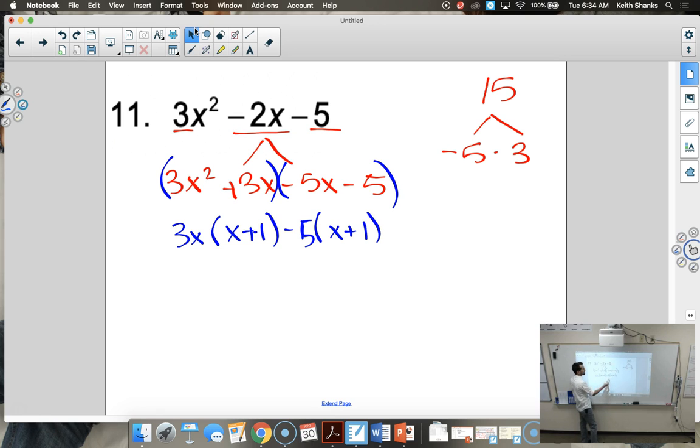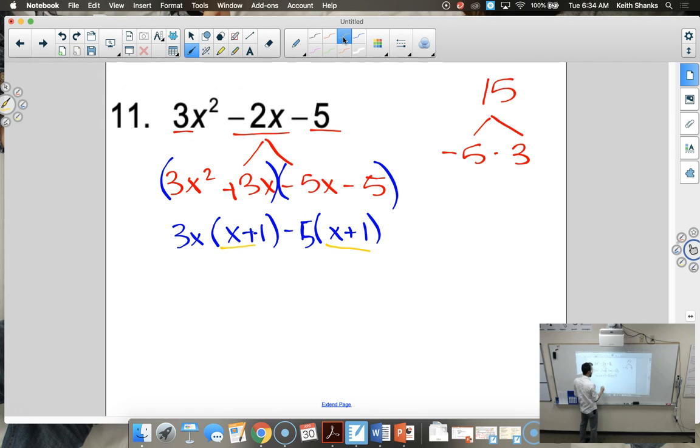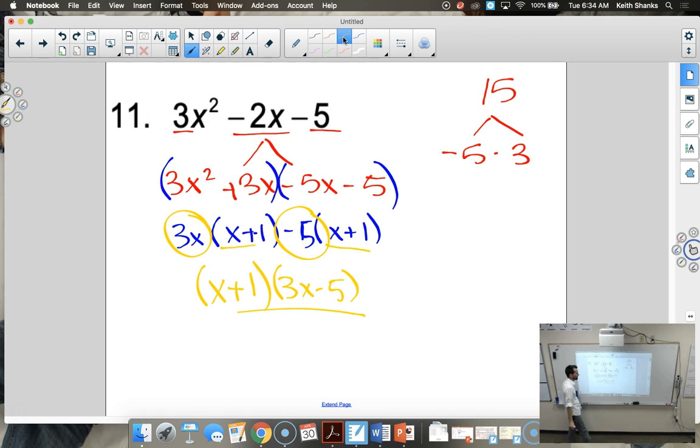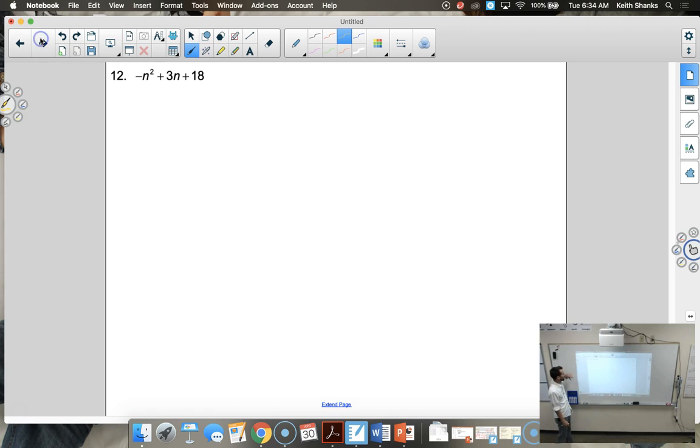They both have a negative so that my goal here was that these were the same, right? So you have x plus 1 times 3x minus 5. All right, so again, factoring by grouping. A lot of times you factor by grouping when you see a number in front of x squared. That's a really common situation to do factoring by grouping. All right.